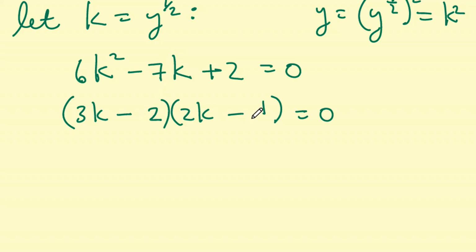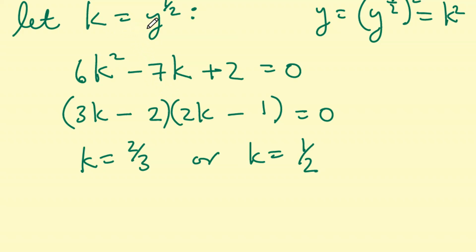Negative 2 times negative 1 is positive 2. And 3k times 2k is 6k squared. So when we factorize, we should always check our working. We can solve this equation, and we see that k equals 2/3, or k equals a half.